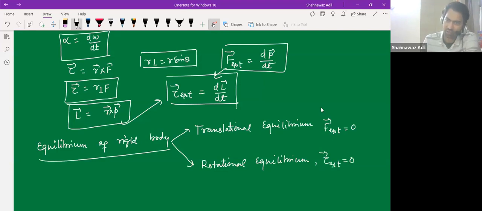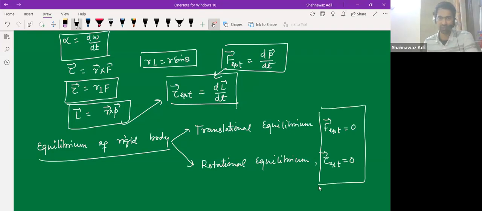So these are the two conditions that we saw. Whenever the rigid body is at equilibrium, that will happen only if both the conditions are satisfied. So that is, it has the translation equilibrium as well as the rotational.